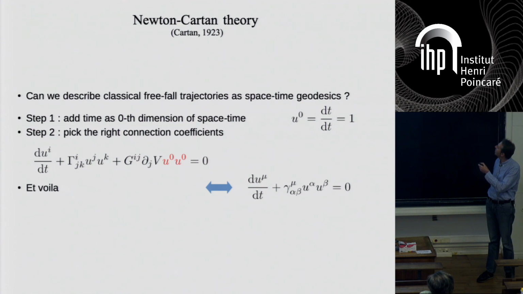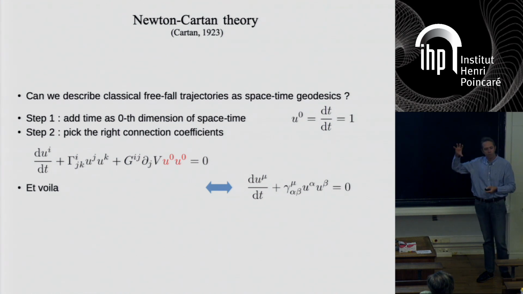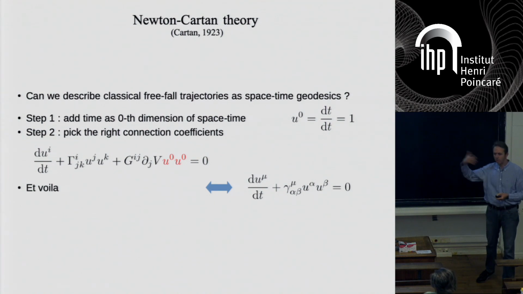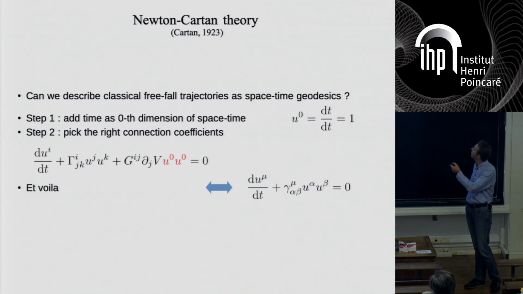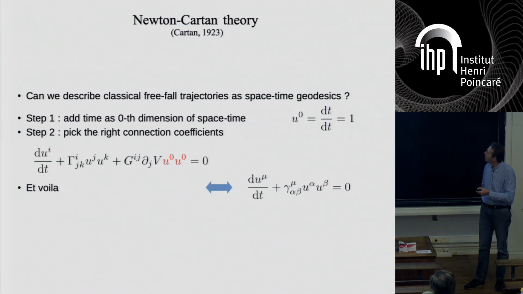So first you decide that the first coordinate, the 0 coordinate, will be time, which is absolute time. So the corresponding contravariant velocity component is just 1. And now everywhere you need, you can just multiply things by 1, especially in this term.